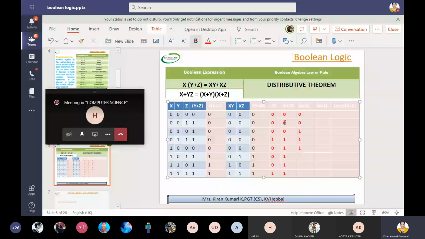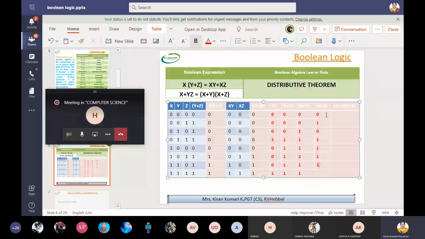Now x plus z: look at the x column and the z column, not the y column. Now 0 plus 0 is 0, 0 plus 1 is 1, 0 plus 0 is 0, 0 plus 1 is 1. Next, 1 plus 0 is 1, 1 plus 1 is 1, 1 plus 0 is 1, 1 plus 1 is 1.